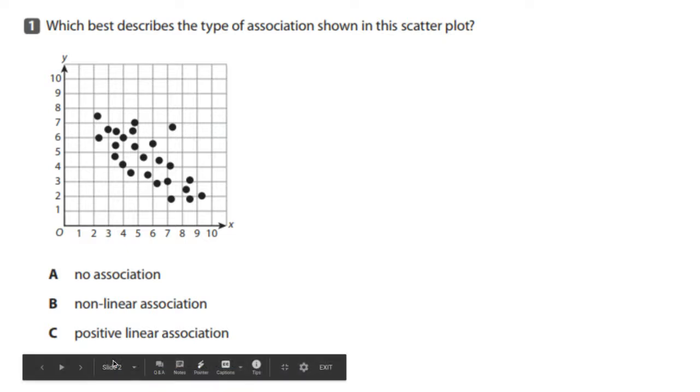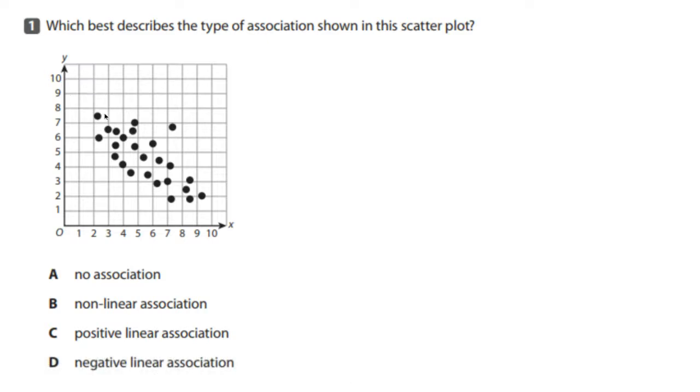Positive linear would be a graph going in the positive direction. And I know this is covering it down here, but negative linear would be going down. It would be trending down. So if I drew a straight line inside these points, you could tell that that straight line would be going down. So this is a negative linear association.